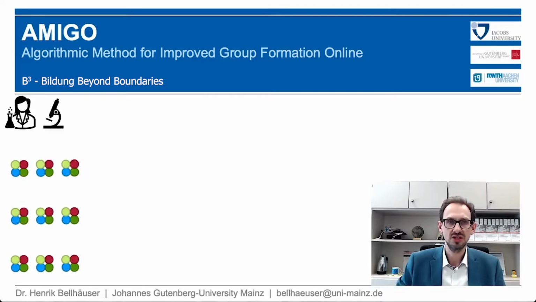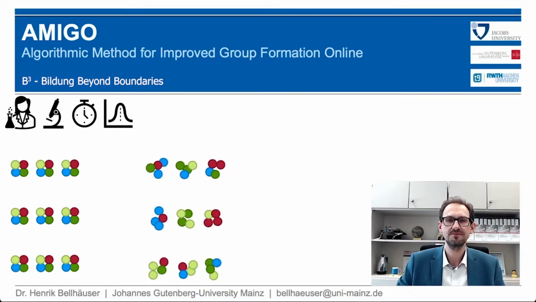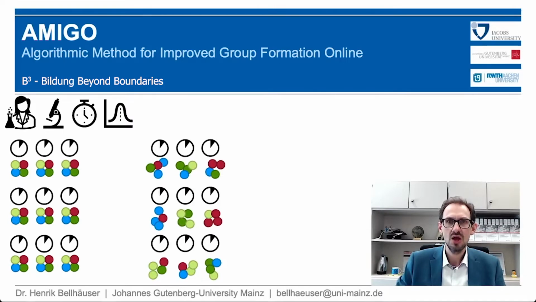In our AMIGO project, we have already conducted several empirical field experiments, comparing our algorithm with randomized group formation. In doing so, we are trying to figure out the criteria that we should use to get the best results so that students are both happy and successful with their groups.